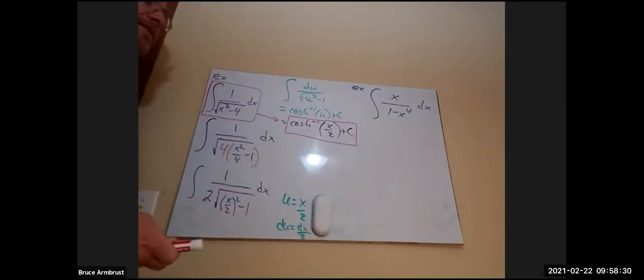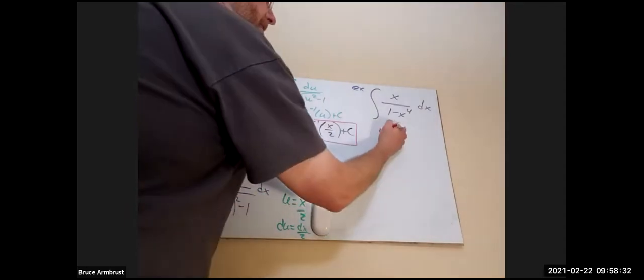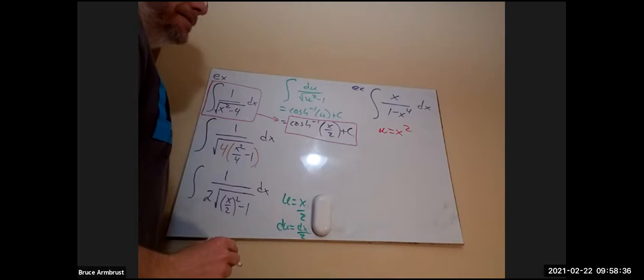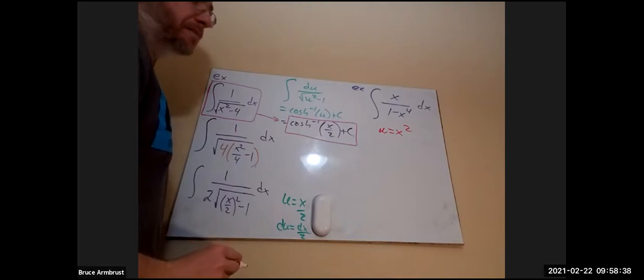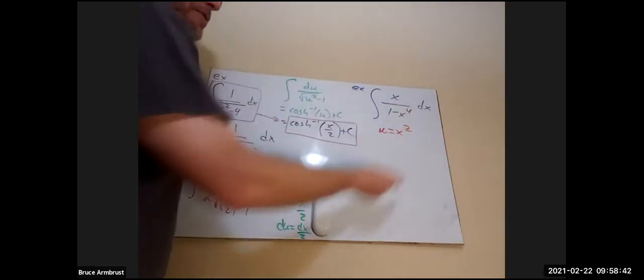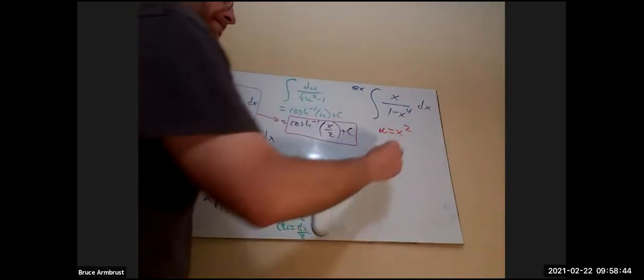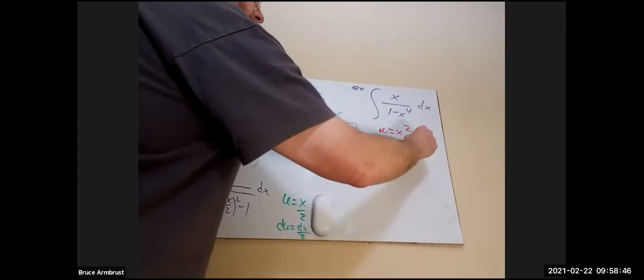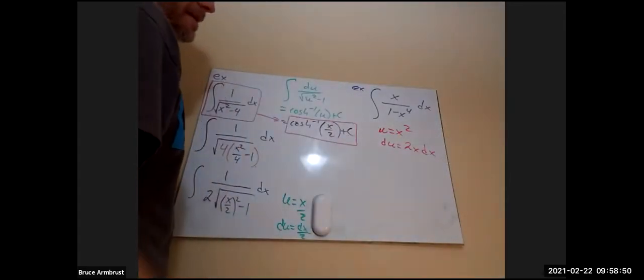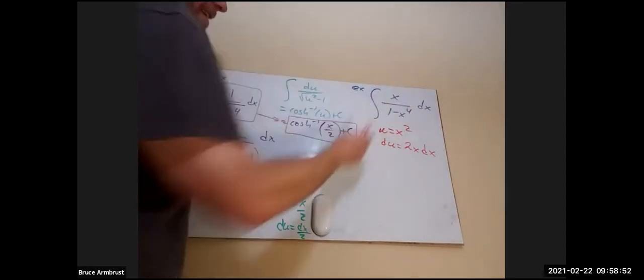So that definitely suggests a substitution here of about u equaling x squared, because then we're going to get 1 minus u squared, which is the good form. du is 2x dx. You notice we've got the x and the dx.